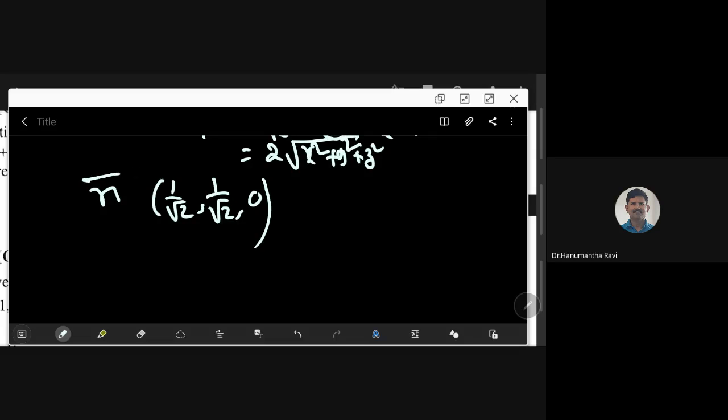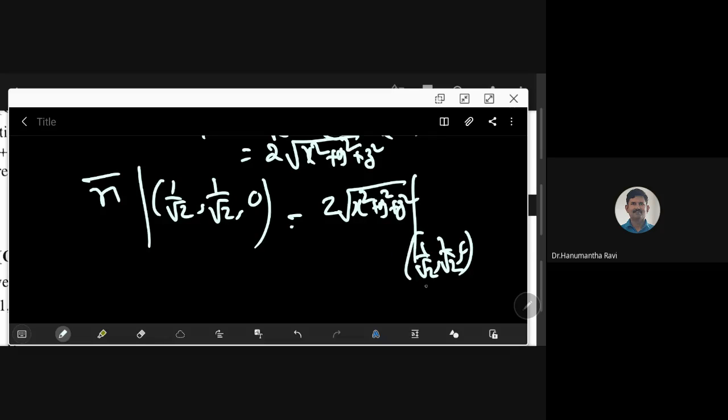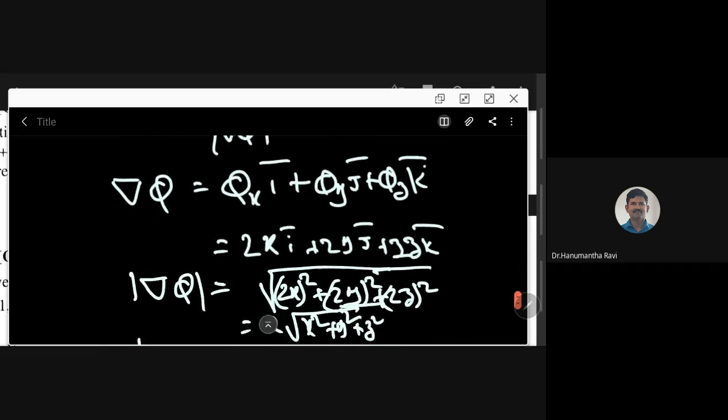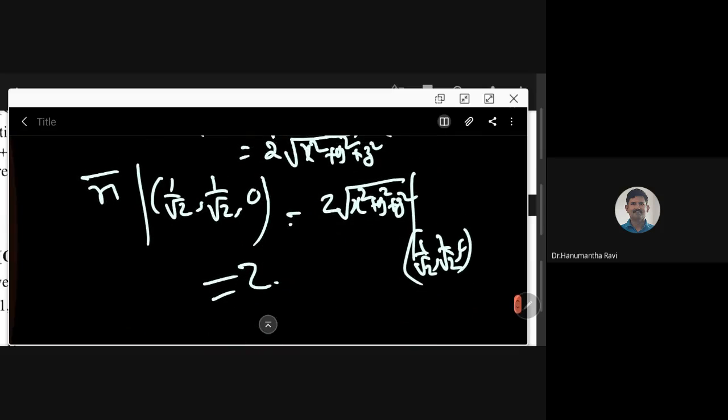Modulus of grad phi is 2 into square root of x square plus y square plus z square, which with 1 by root 2, 1 by root 2, 0 comes out as 2. So the modulus of n bar is 2.